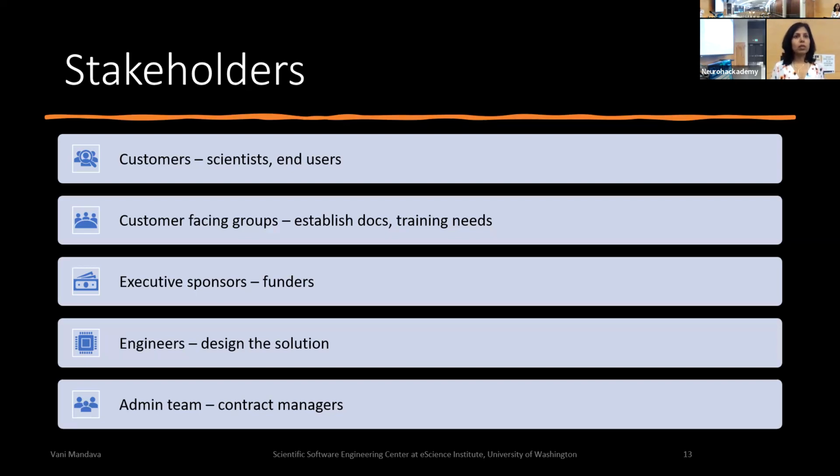They're executive sponsors. So if you're working on research that is coming from a funding agency, then that is a stakeholder. They are the engineers, who are actually going to design and build the solution. And they are the admin team, so the contract managers and so on.